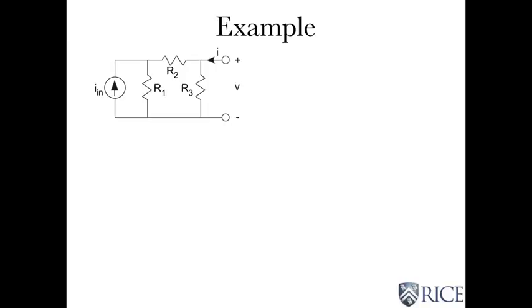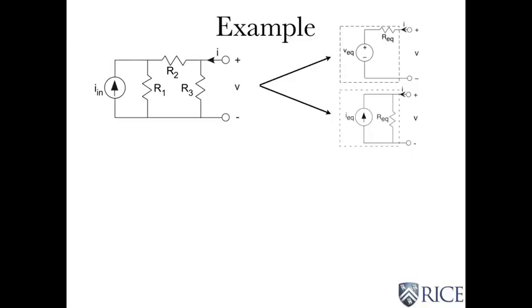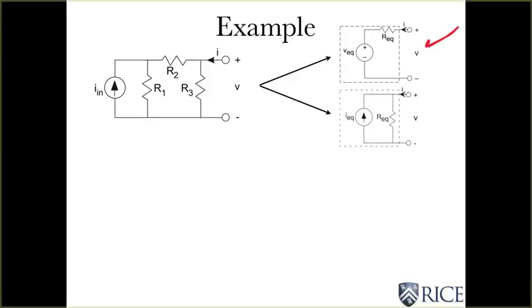To show these ideas, I want to find the equivalent circuits for this example circuit. I could find explicitly the Thevenin equivalent, or I could find the Meyer-Norton equivalent. Well, I'm just going to find the equivalent quantities VEQ, REQ, and IEQ.